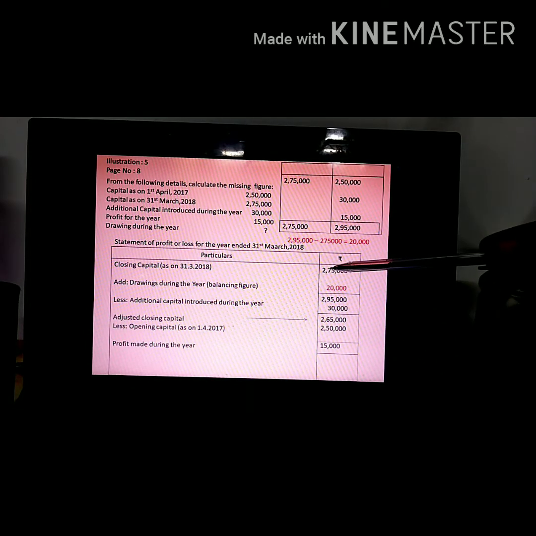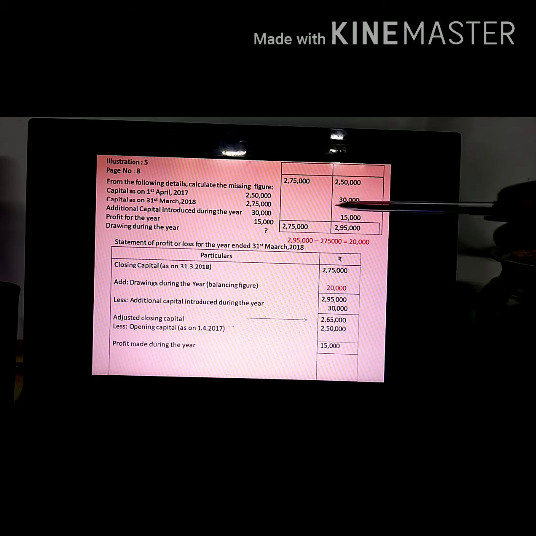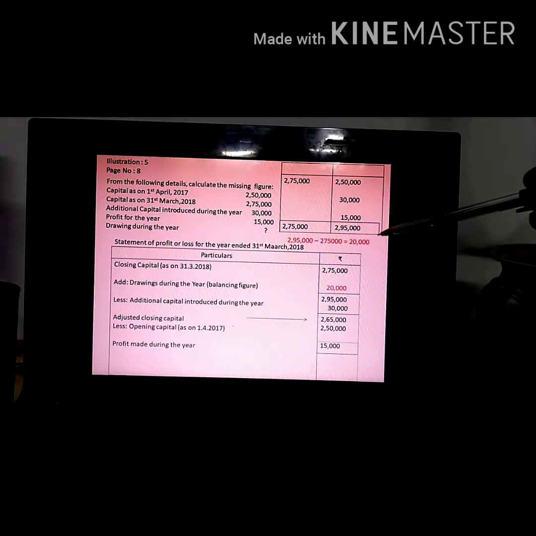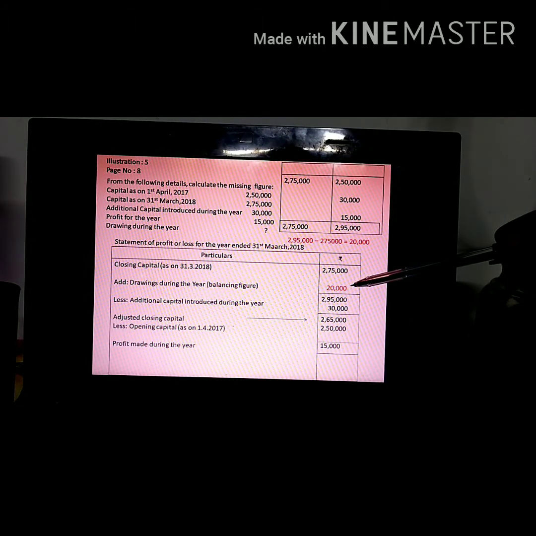First, opening capital 2,75,000, which is given in your problem. You have to write 2,75,000. After that, the 20,000 is the drawing, which we already found out through the working notes, the small trick.